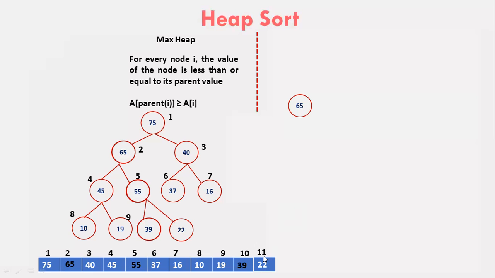That is my I value. So 11 by 2 is 5.5, whose floor value is 5. So the parent of 22 is 55. And clearly 22 is smaller than 55. So there is no need for swapping. So this is a complete binary tree, and at the same time it satisfies the property of the max heap.